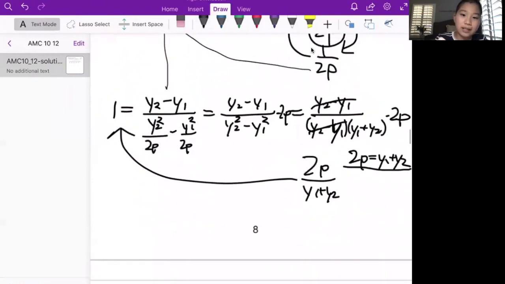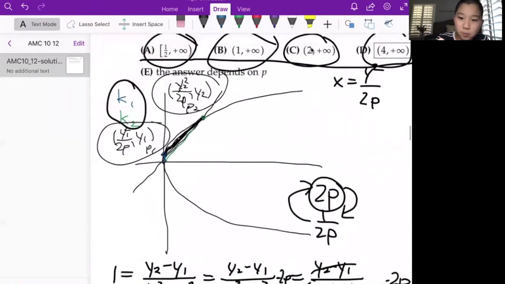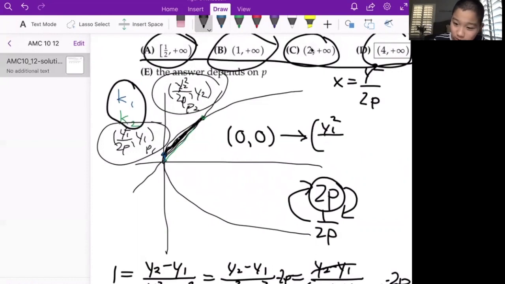So we know k1 plus k2. So what is k1? k1 is the slope of the line from the origin (0, 0) to P1, which is (y1 squared over 2p, y1).